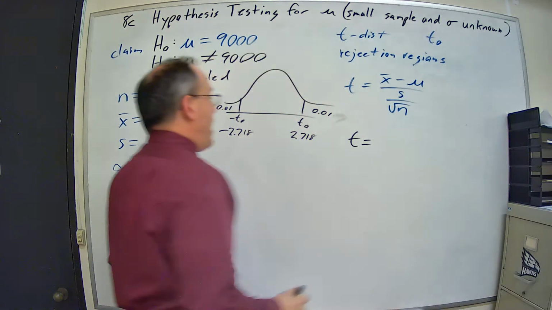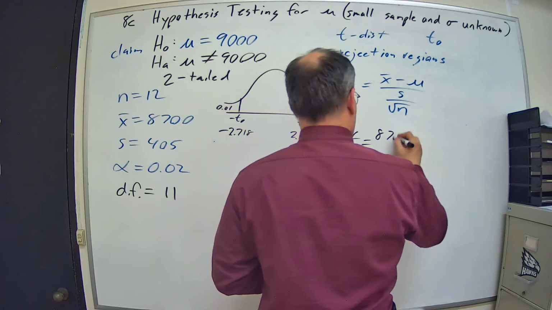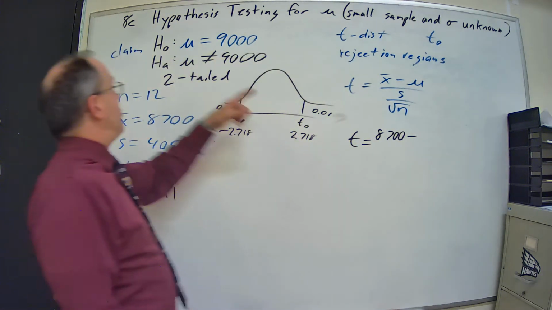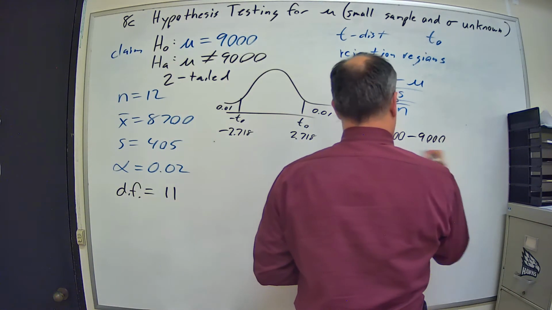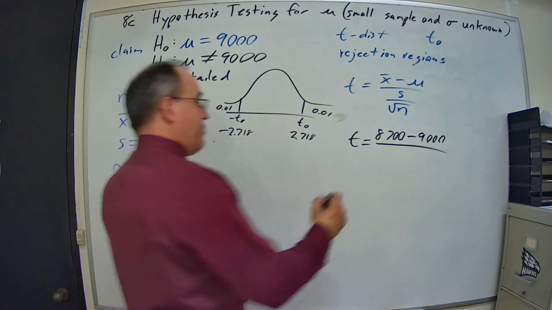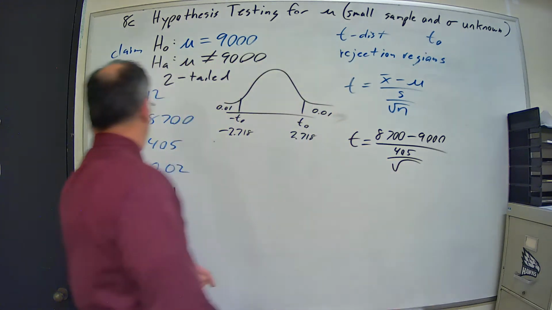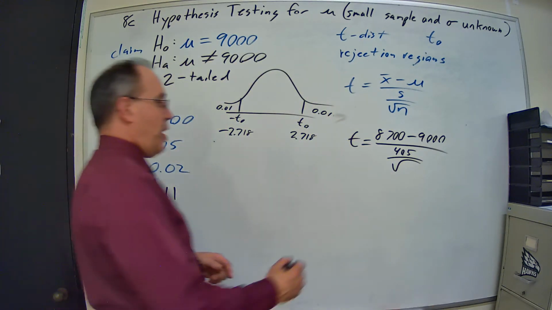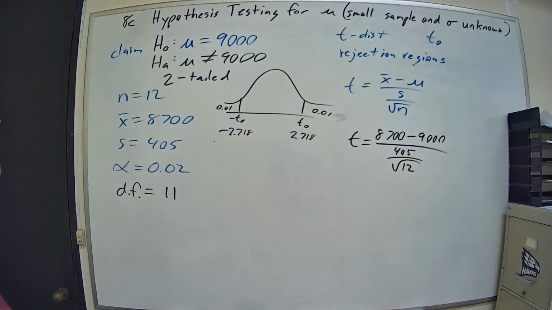T is equal to x bar, 8,700, minus mu, the claim is 9,000, over s, 405, over the square root of n, which is 12. So we do our calculation.